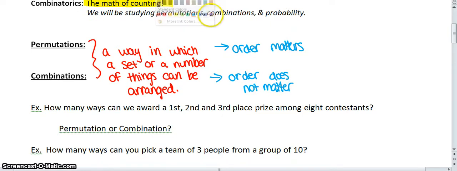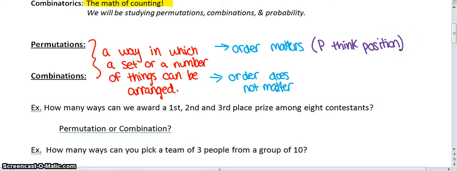Just get these notes down for now. I saw one way to remember permutation is when you see P, think position. Now, there are multiple types of permutations or combinations, but we'll just leave it at that for now, and then when we look at more examples, we can go back.